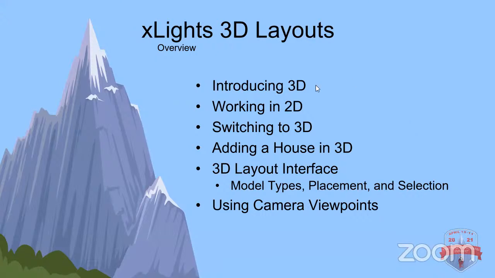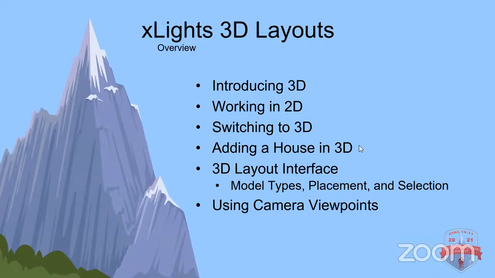I'm just going to talk about introducing 3D, and when I added 3D, it also added some features to 2D. So I'll quickly go over some of the 2D enhancements, and what you do to switch your layout from 2D to 3D.